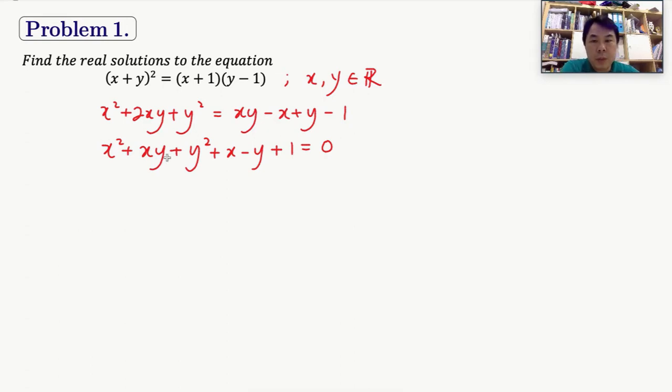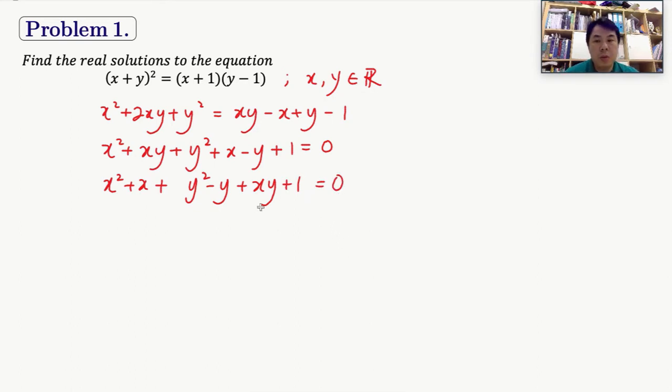Okay. And then maybe some of you have that idea of completing the square, right? So because this is algebra, we can give it a go. So for instance, here we have plus y square minus y plus xy plus 1 equal to 0. All right.